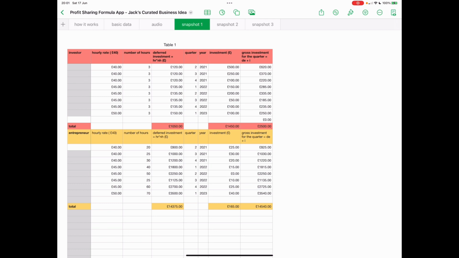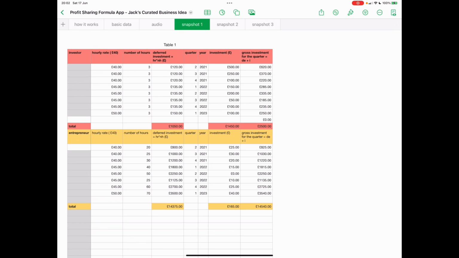The major difference is that the number of hours spent by the entrepreneur is much more. So you can see the hours spent per quarter, 20 hours, 25 hours, and so on. And then you can do the computation for quarter 2, quarter 3, quarter 4 in 2021, also for quarter 1 to 4 in 2022, and for quarter 1 in 2023.